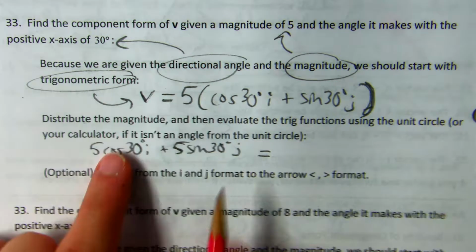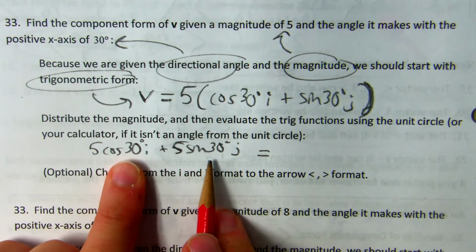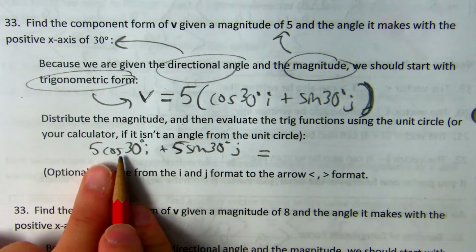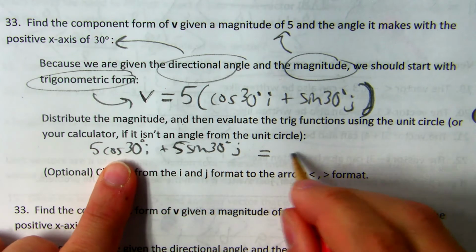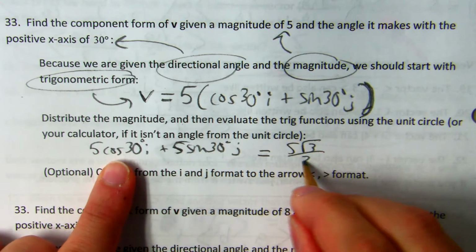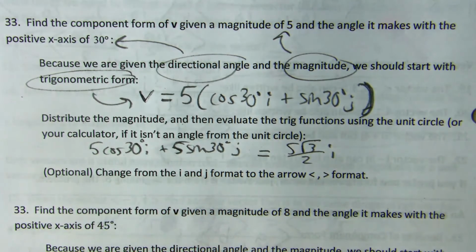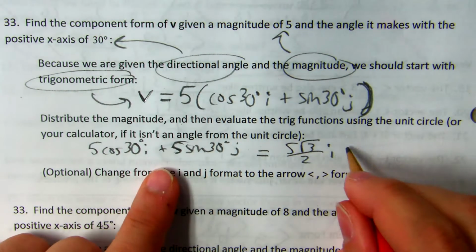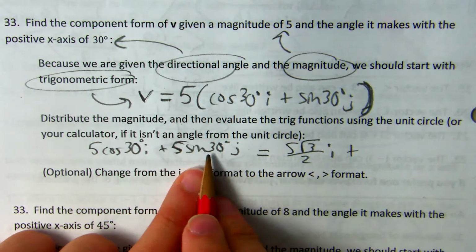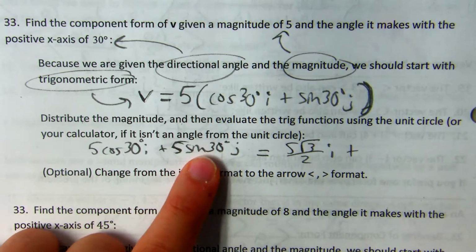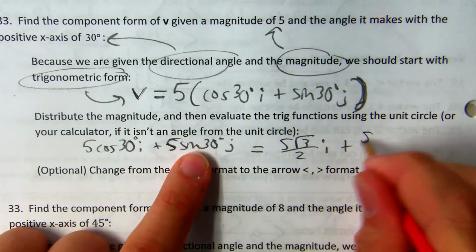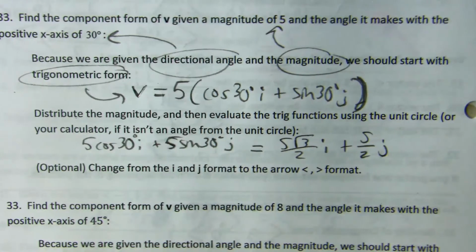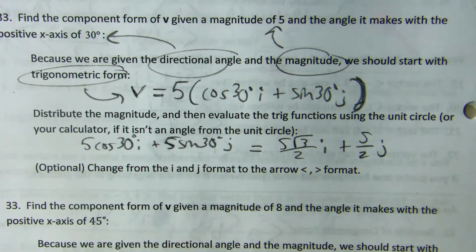Do we know much about 30 degrees? We're supposed to. What's the cosine of 30? Okay, so 5 square root of 3 over 2 in the i direction. Okay, do we know the sine of 30? Okay, so 5 times 1/2 in the j direction. So there's your component form.